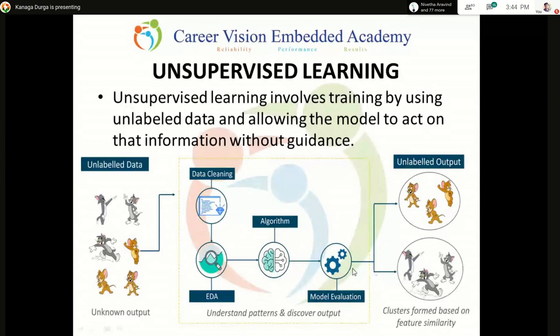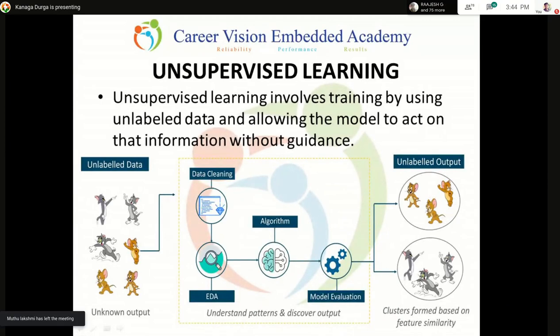So unsupervised learning takes unlabeled data. I'm not telling it is Jerry or Tom. And depending on the nature of the data, it clusters the output. There are only 2 types of data in here, so that is what we call the nature. Since we have only 2 types of different data, it is clustering it into a Jerry cluster and a Tom cluster.